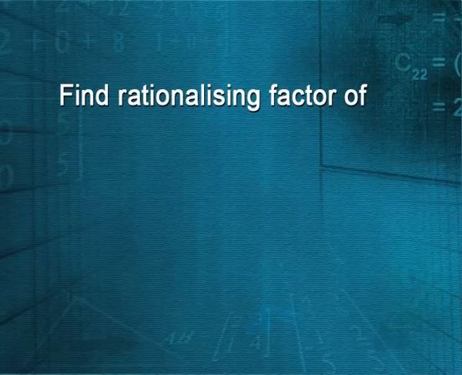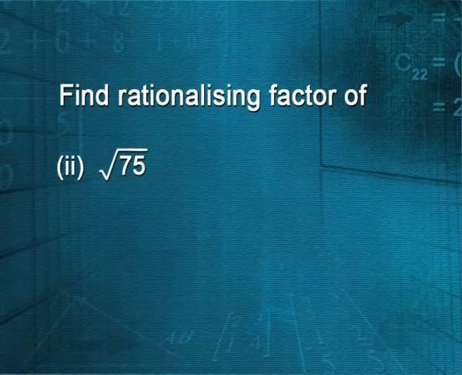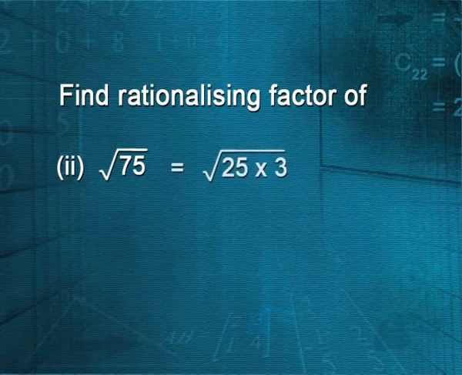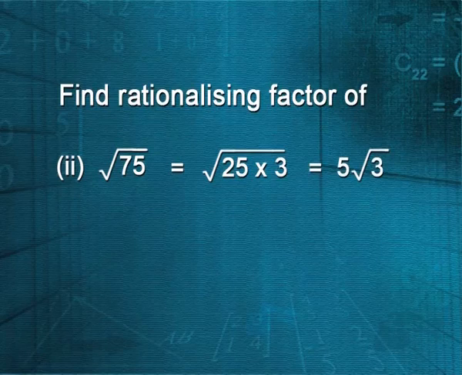Let us see the second example, root 75. Root 75 is a surd. We have to multiply it by a number so that it converts into a rational number. Now root 75 can be written as root 25 into 3. Square root of 25 is 5. So it can be written as 5 root 3.